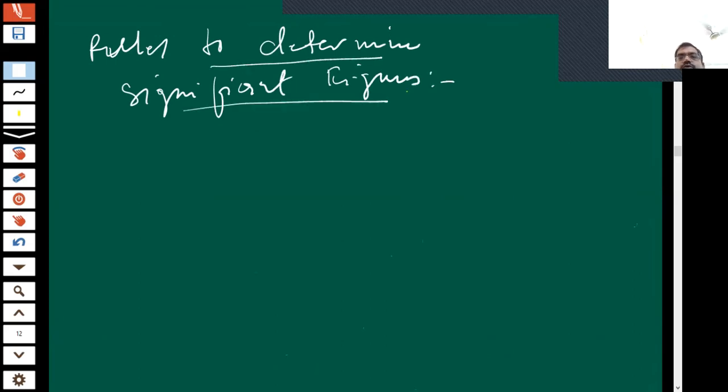There are some set of rules. With the help of that, okay, we can determine how many significant figures are present.